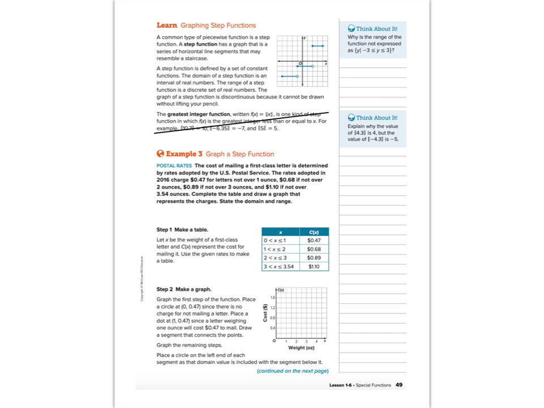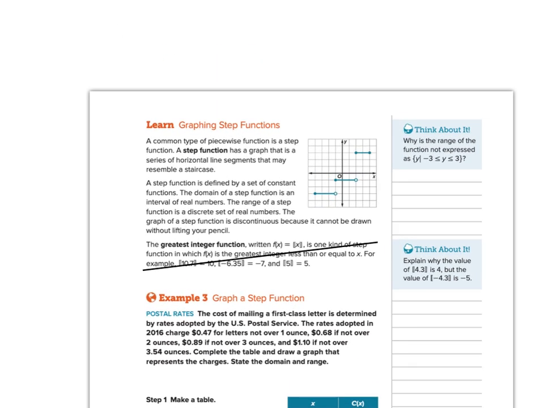Okay, so a common type of piecewise function is a step function. It has a graph that is a series of horizontal line segments that may resemble a staircase. This is sort of like what we were just talking about.